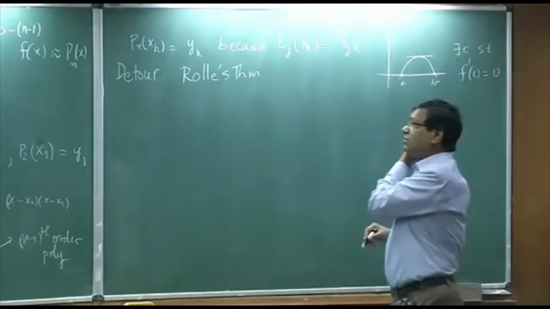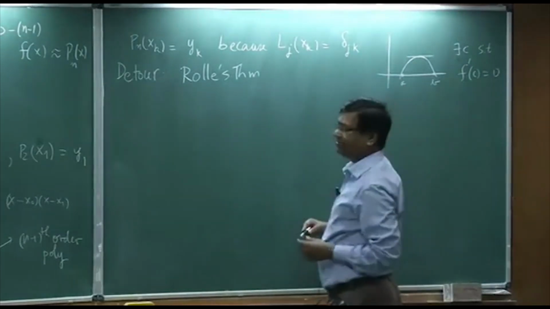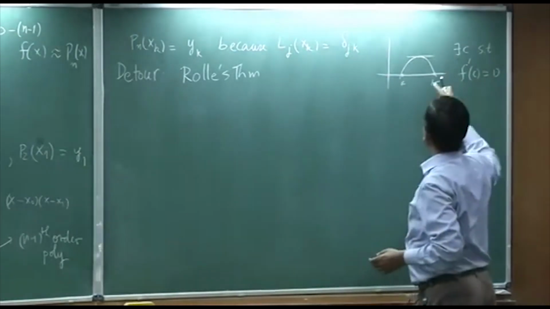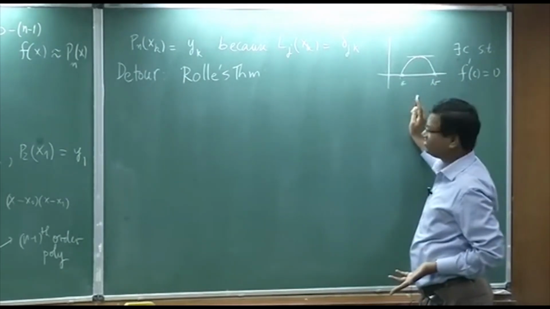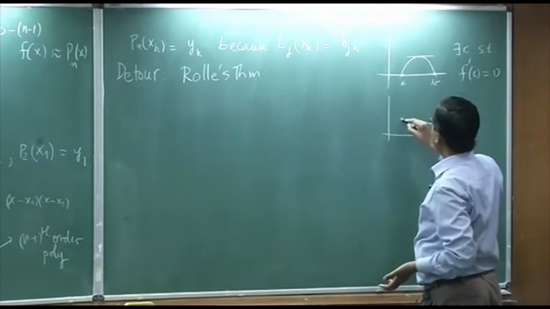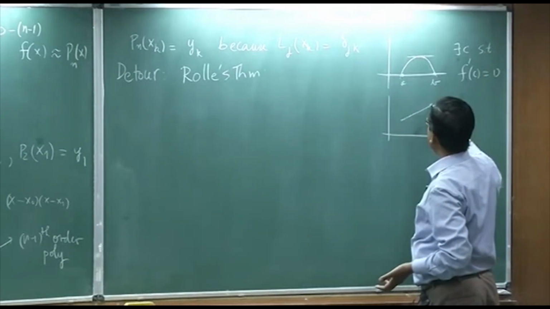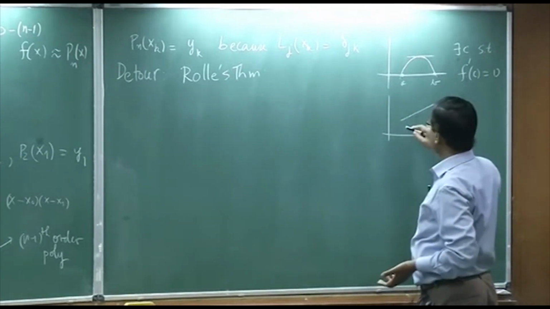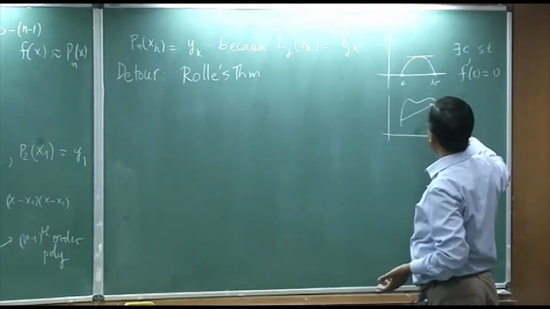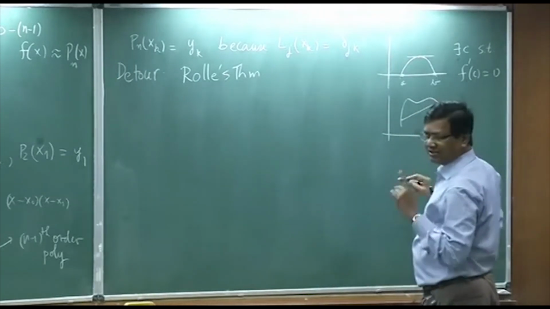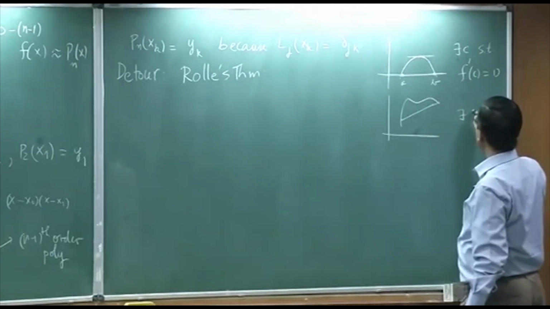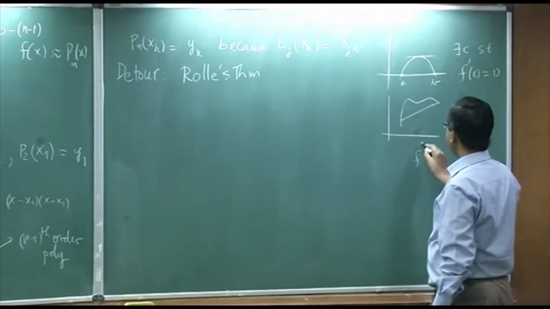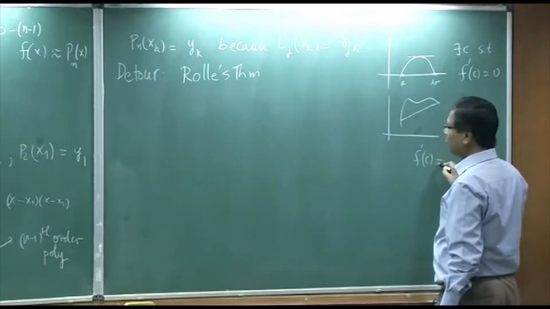Okay. Now, this can be generalized. I assumed that f of a is 0 and f of b is 0, but it need not be 0 for some other function. So, it has values f of a and f of b. Whatever function it may be, there exists at least one point C such that f prime of C equals f of b minus f of a divided by b minus a. This is called the mean value theorem.